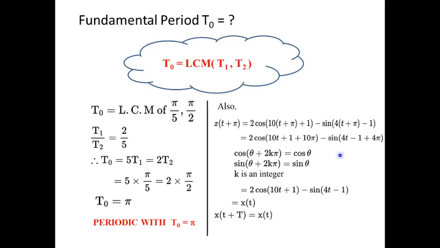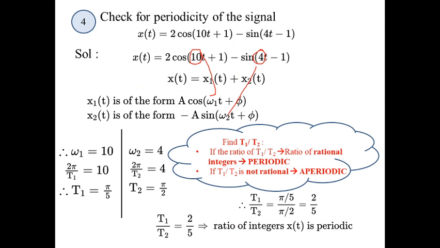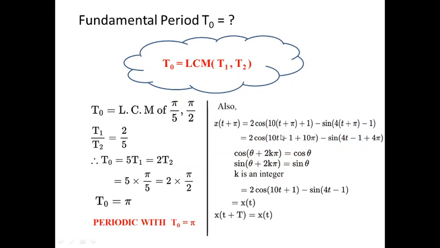Your objective is to bring it to the form of x of t. In that manner only you have to do the simplification. So we get 10t plus 1 plus 10 pi, and minus sin of 4t minus 1 plus 4 pi. We know that in our signal we have the terms 10t plus 1 and 4t minus 1, so we should try to preserve that form. Keeping that, how can we simplify?